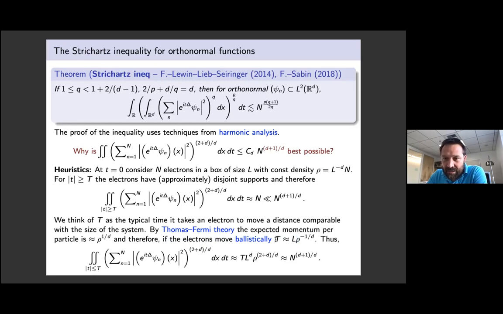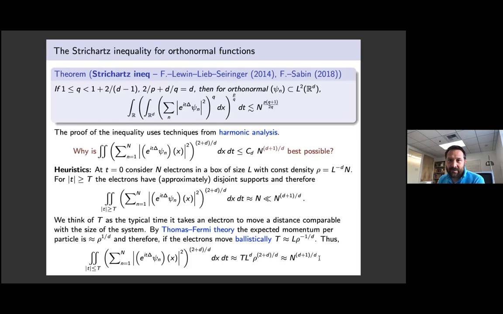And if I plug in this value of t into that inequality, well, then you see the time integral gives you t. The size of integration is roughly still the box. And the density is also roughly still the density you started with. If you plug in these values that we've computed so far, then you get exactly this power n to the (d+1)/d.